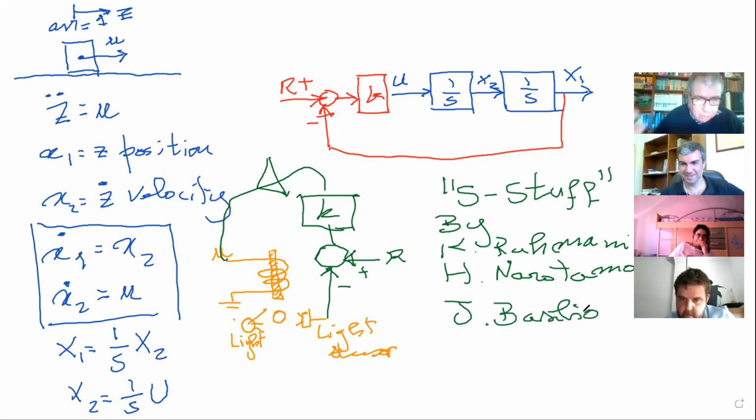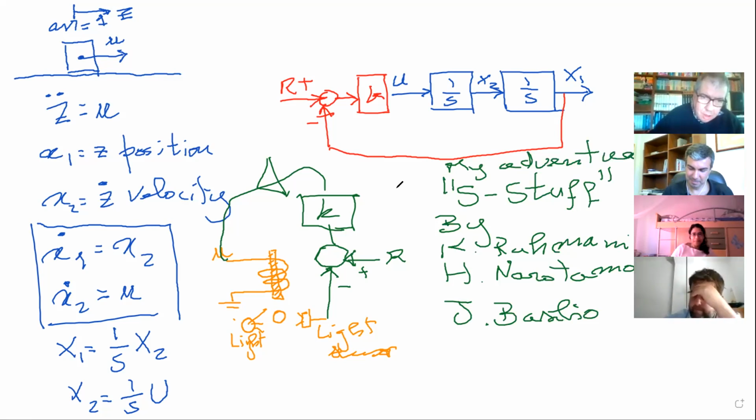So everybody will be asking about your book. Say, have you read the book by Ramani, Narotamo, and Basilio? Oh no, I haven't. But it sounds nice by looking at the names of the authors. Okay, the S stuff. My adventures on the S stuff.